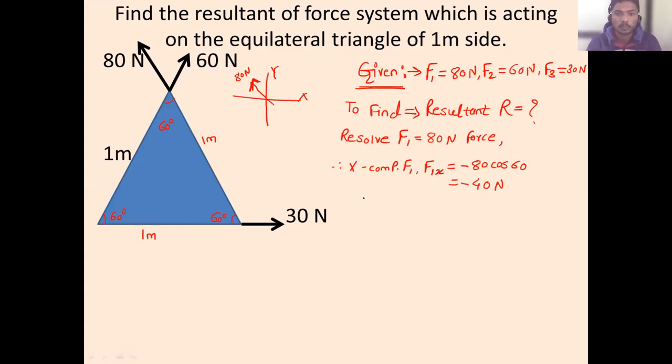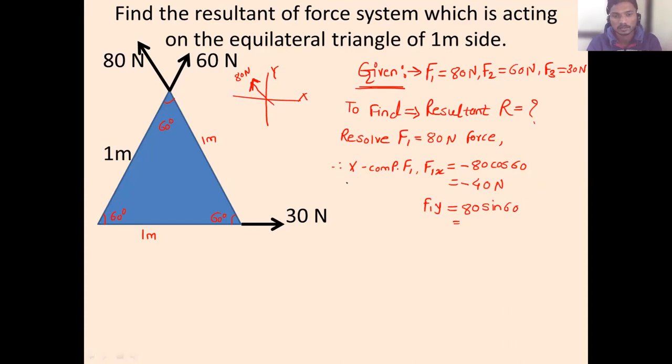Now F1y. What will be that? Is it positive or negative? Positive. 80 sine 60. Why have we taken the cosine function in its x component, not the sine function?